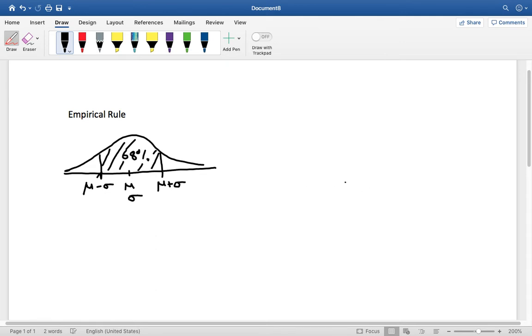So let's just suppose we really do have students taking an exam and that the average score is say 75 and the standard deviation is 10 and the scores are normally distributed. This rule tells me that if I add one standard deviation, which is 10, to the mean, I'm going to get up to 85.